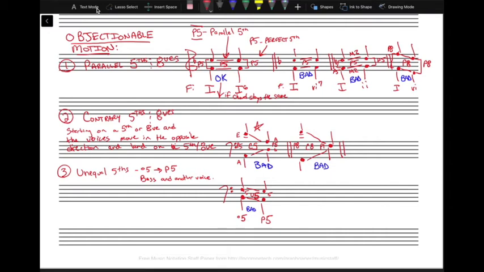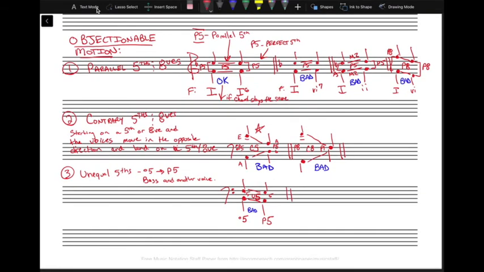Now, you can go, let's do it the other way. So let's go B to F sharp, and then we'll go C, that wouldn't make sense.